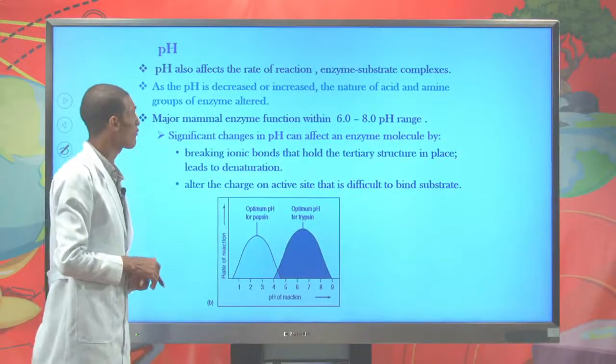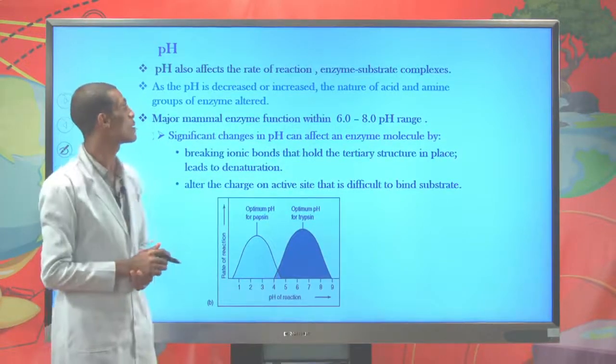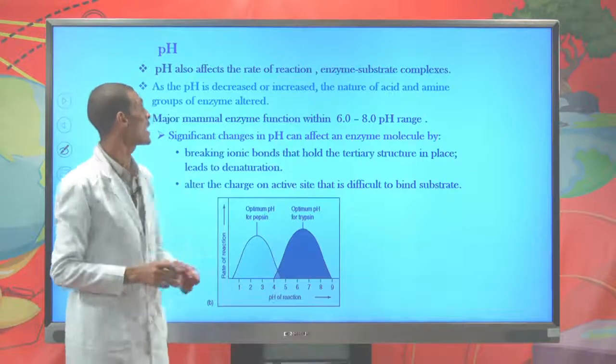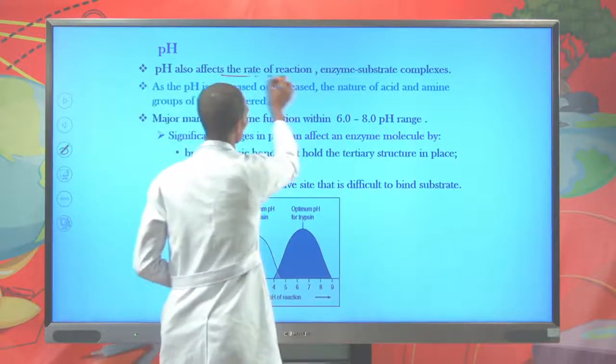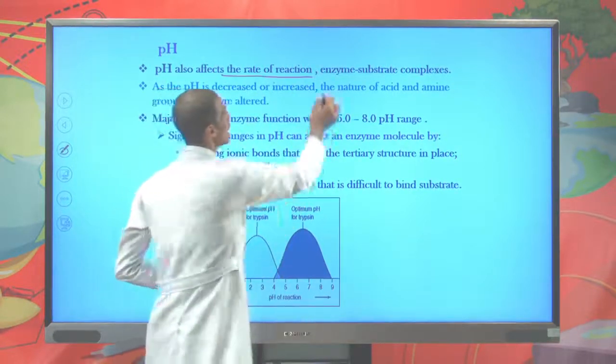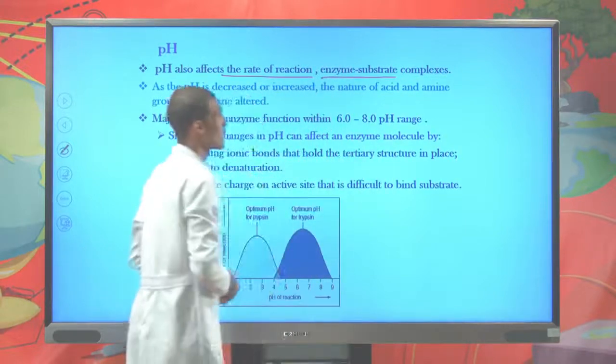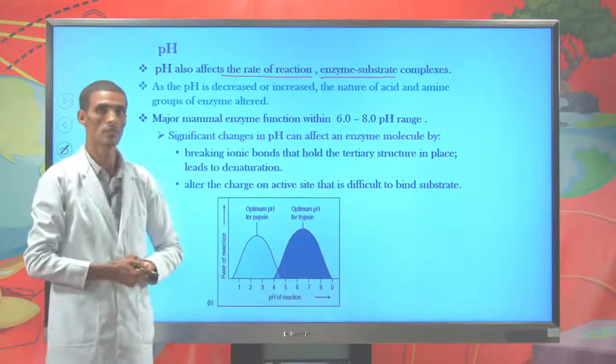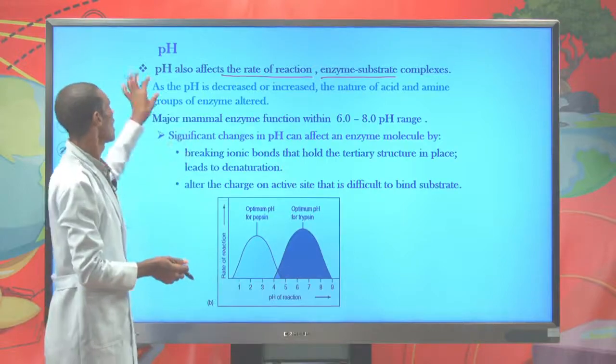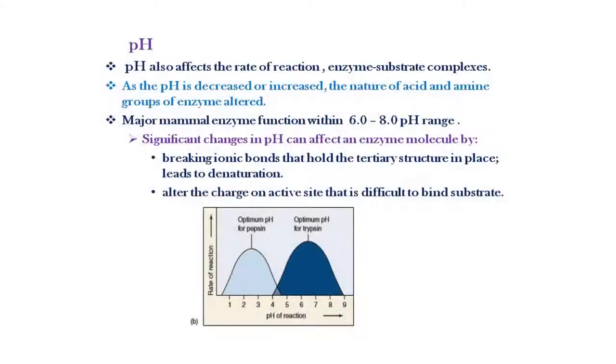Another factor that affects enzyme action is pH. pH also affects the rate of the reaction, the rate at which the enzyme-substrate complex is formed. As pH increases or decreases, the nature of the charges on the amine and the acidic parts becomes affected.